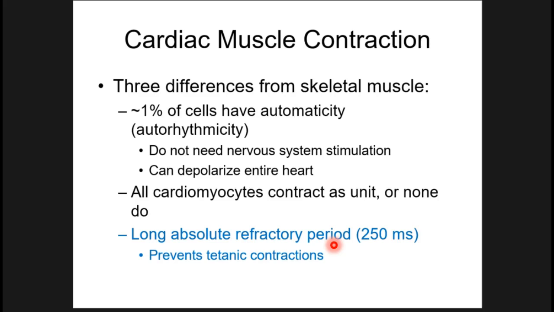In the heart, it's actually fairly significant that this be lengthy. There are going to be a variety of heart conditions related to premature heartbeats. We want to avoid premature heartbeats. We want to keep that heart rate relatively steady, and we want those electrical signals to go through and not be able to occur right away again.